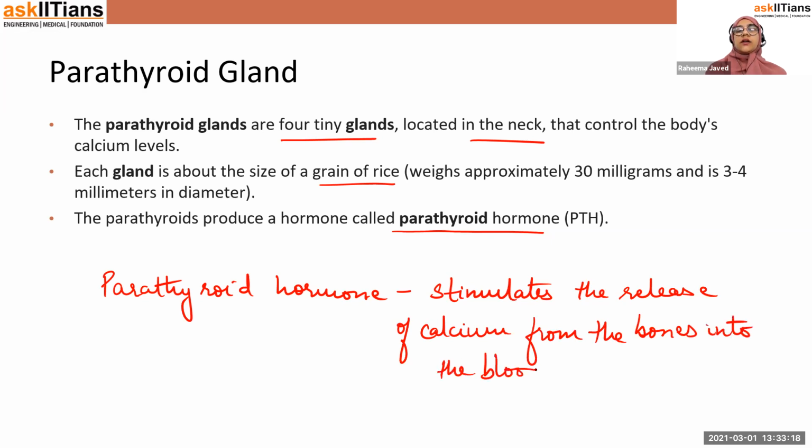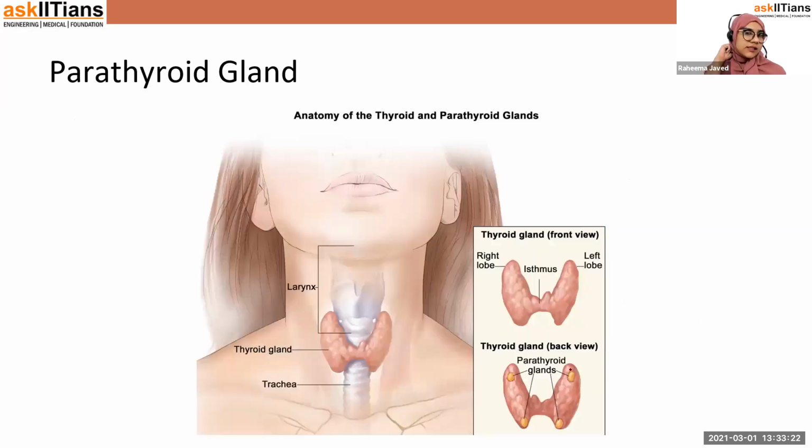This is the function of the parathyroid hormone. This is the location of the parathyroid gland, which is visible on the back side of the thyroid gland. That's why it is known as parathyroid, means behind the thyroid gland.